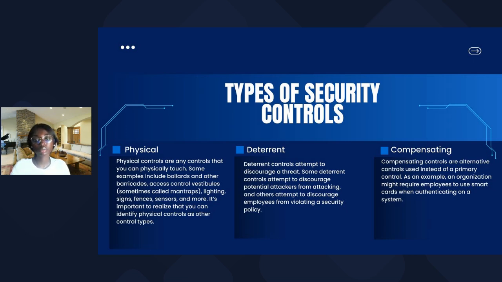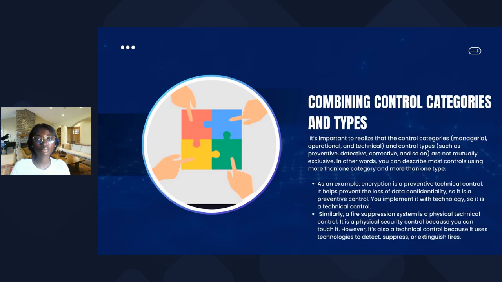And on my next slide, I have the slide that talks about combining security categories and types. Remember, I told you that these security categories and types do complement each other. They work hand in hand, right?